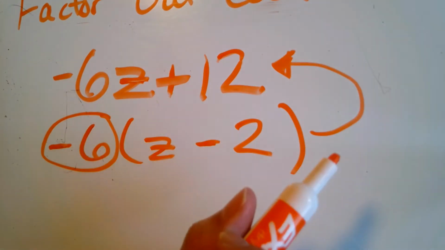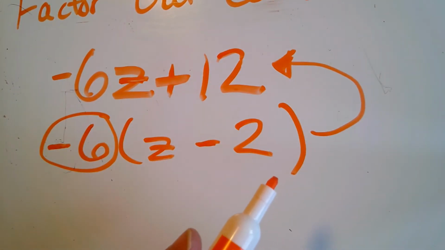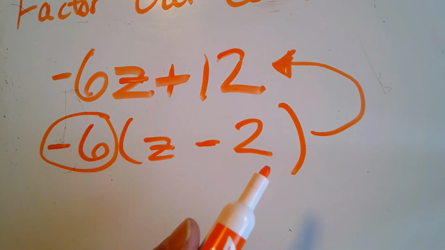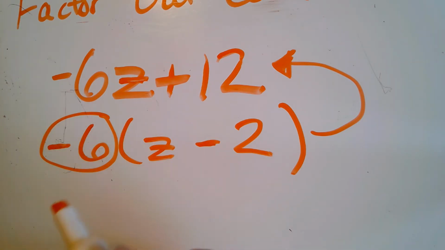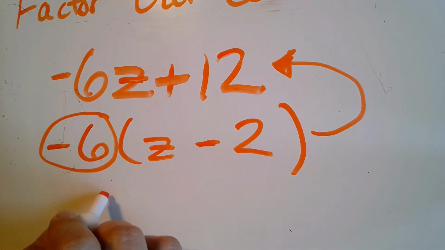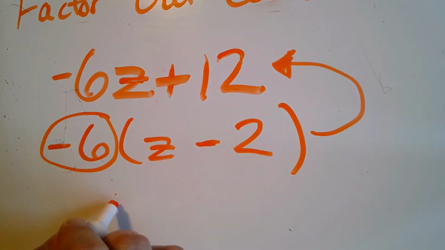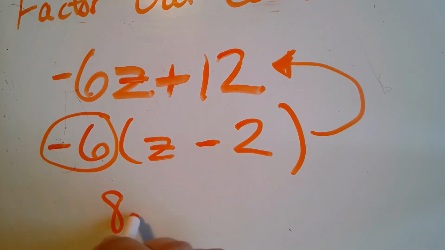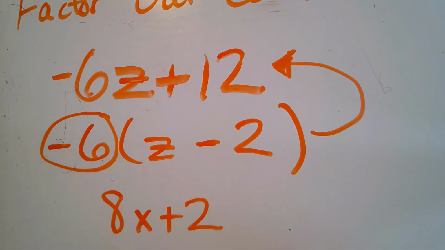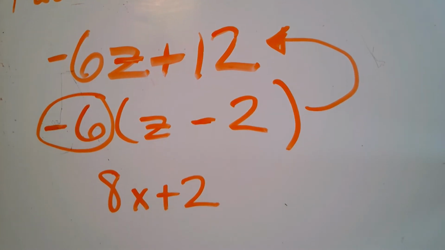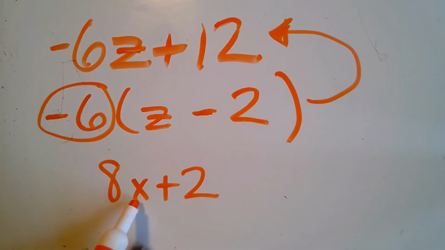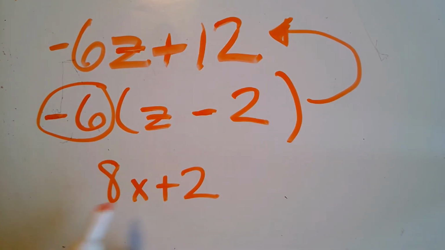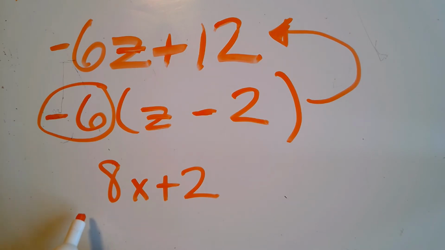Okay. All right, let's take a look at another one. How about 8x plus 2? What times x would be 8x? Well, if we factor out an 8, 8 times something would be 2.